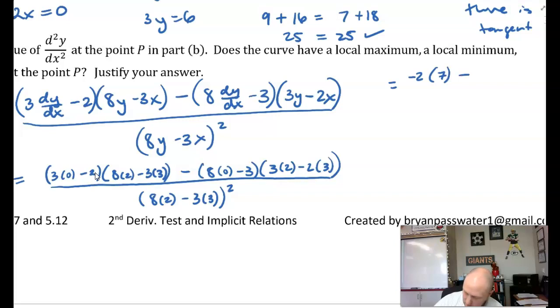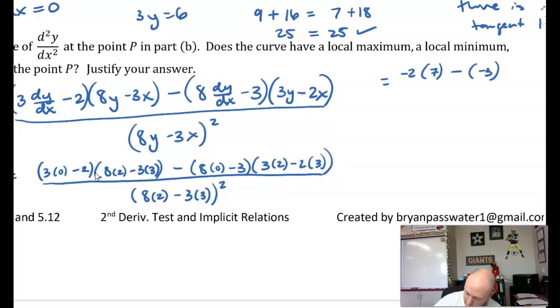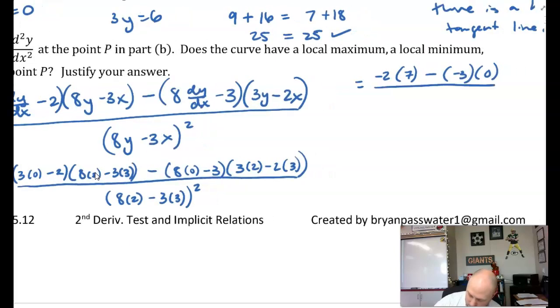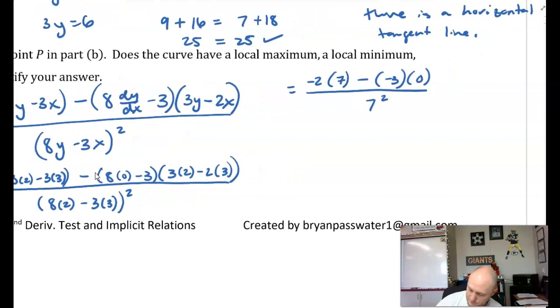Minus 8 times 0, that's a negative 3, and then we have 6 minus 6, that's also a 0. In the denominator, 16 minus 9 is 7, quantity squared. So we get negative 14 over 49, or negative 2 over 7.